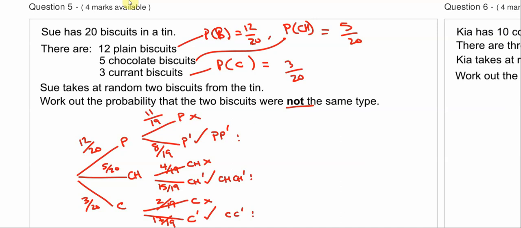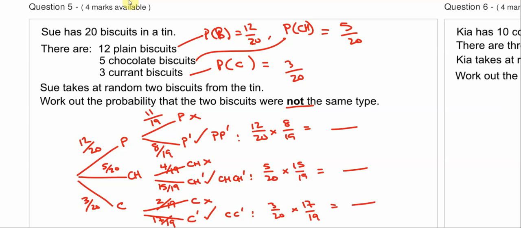So let's do this. 12 over 20 times by 8 over 19. I'm going to calculate them all in a bit. 5 over 20 times by 15 over 19, and then 3 over 20 times by 17 over 19. So first let's get my denominator. They'll all be the same. It's all 20 times 19.